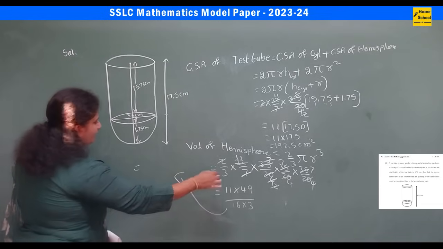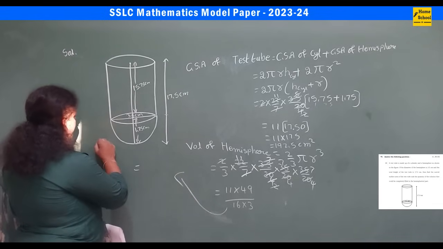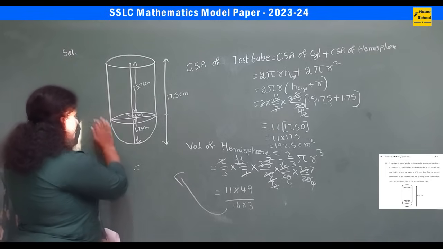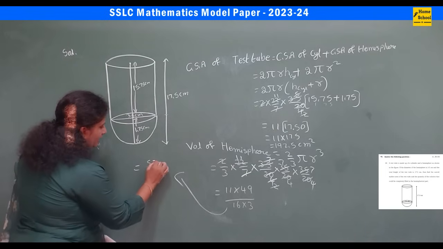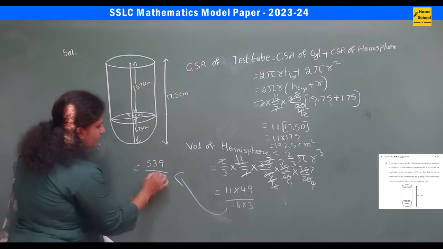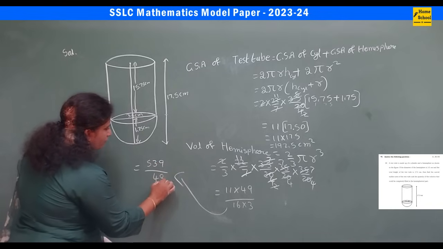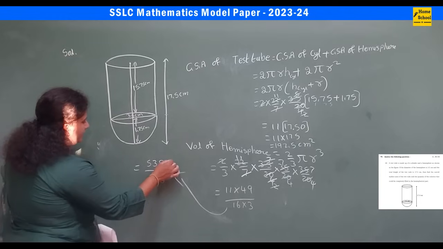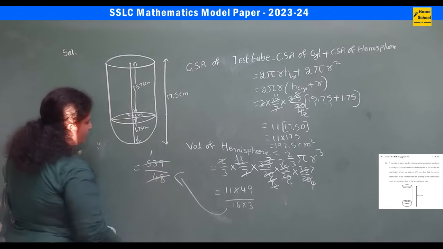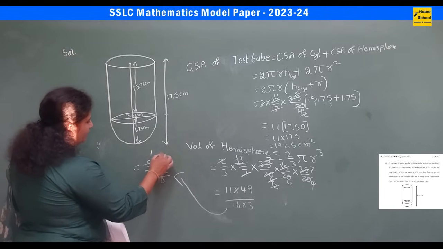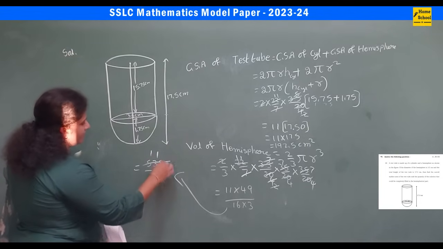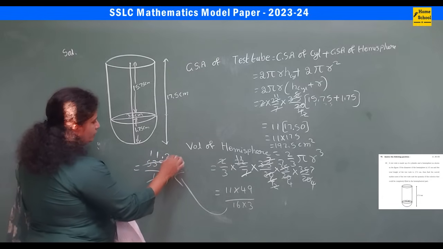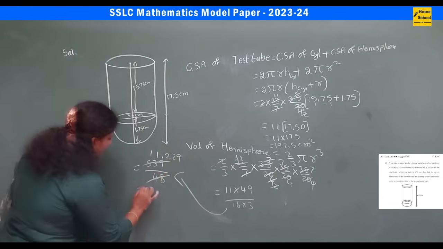This one, 11 into 49, what happens? 539 by 16 threes are 48. Now cancel this. You are going to get 48 ones are 48, 59 again. 11.229 approximately you can take.